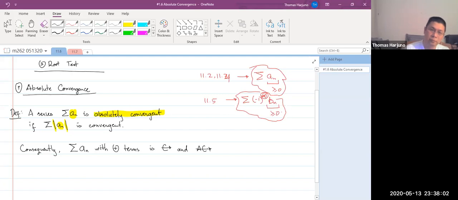Is that right? Well, because if the terms a sub n are positive, then a sub n, the n-th term, equals the absolute value of the n-th term. So the sum of that series will be the sum of the absolute values, right? Does it make sense?